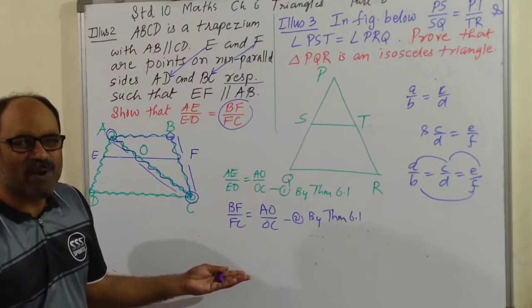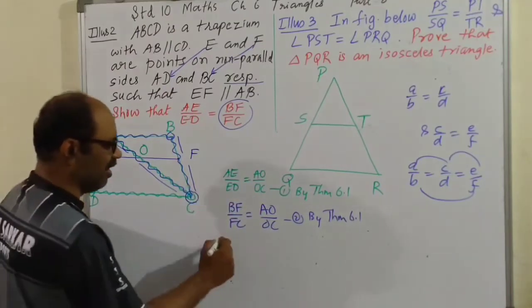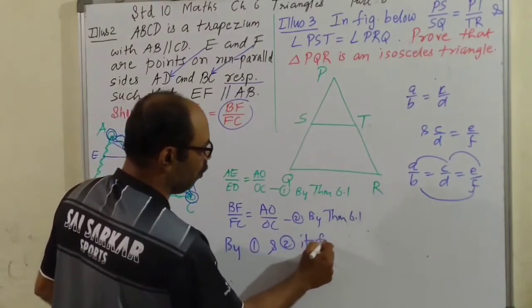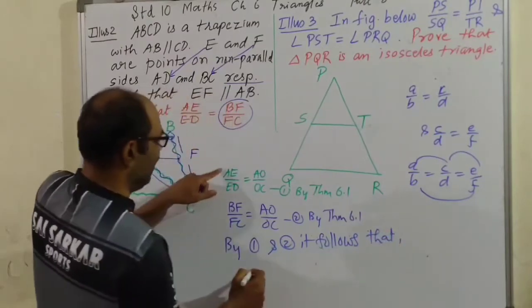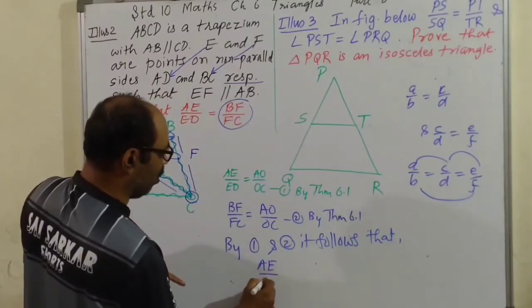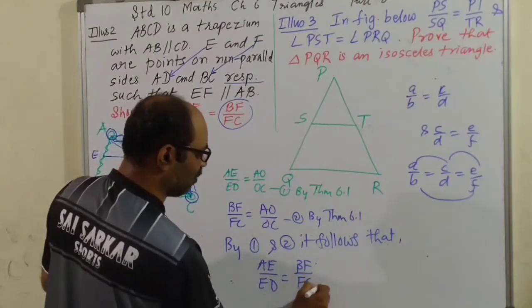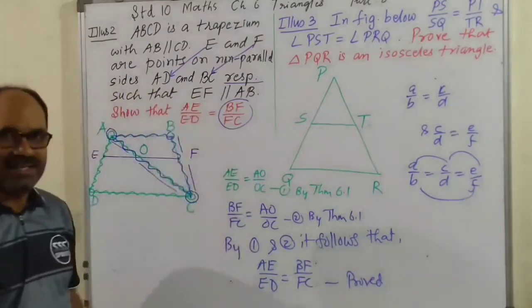Using Euclid's property, right hand sides are equal, so left hand sides are equal. So straight away we'll say by 1 and 2, it follows that AE upon ED is equal to BF upon FC. Finished. Proved.